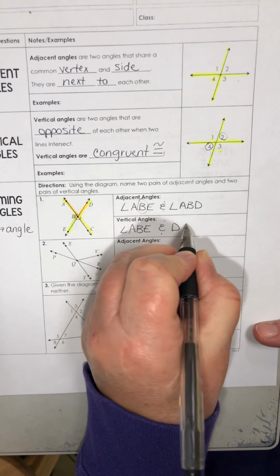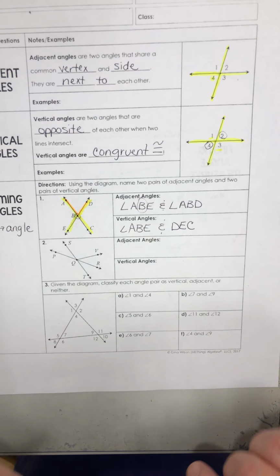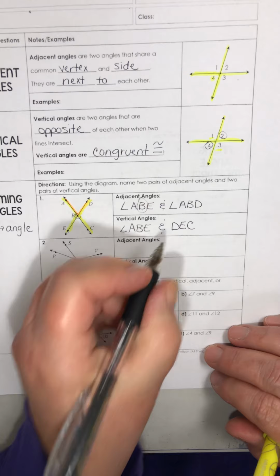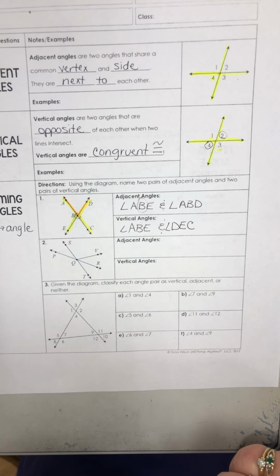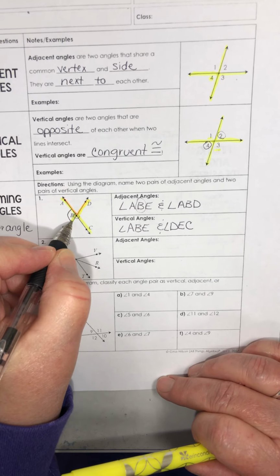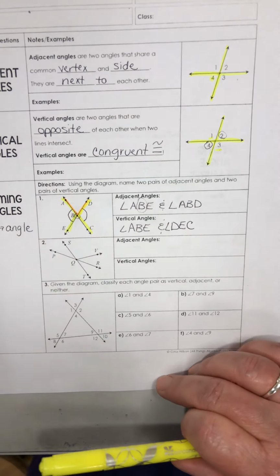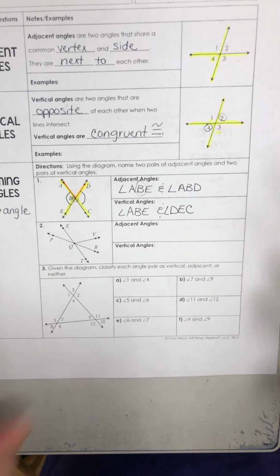So DBC is a vertical angle to angle ABE. And remember, we know something about vertical angles. This angle over here, its measurement is the same as this angle over here. They're congruent.